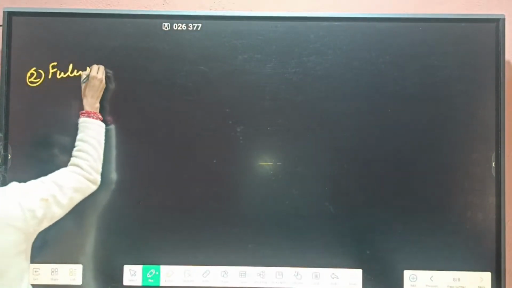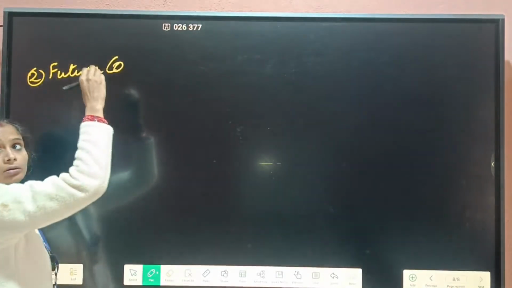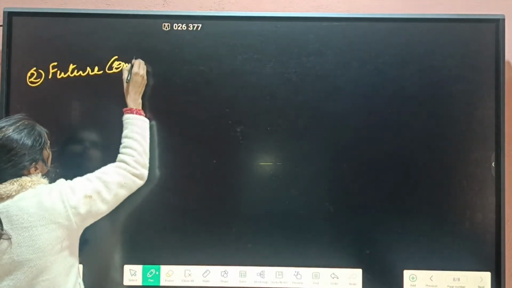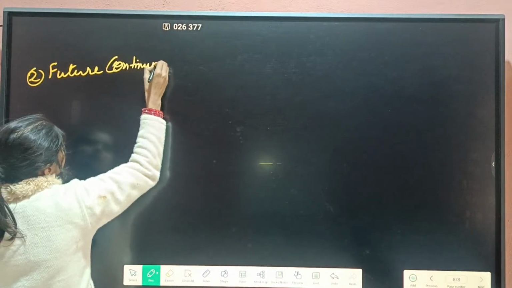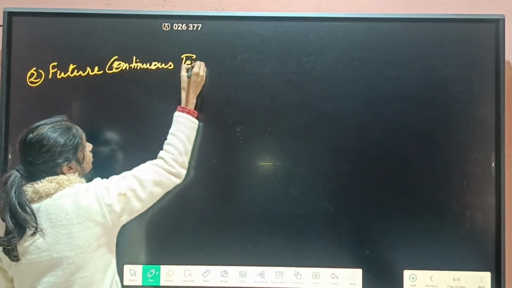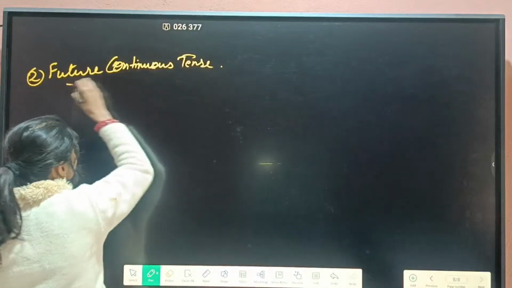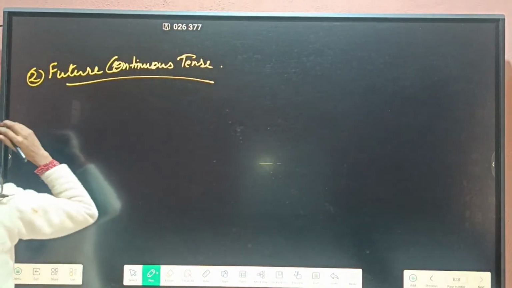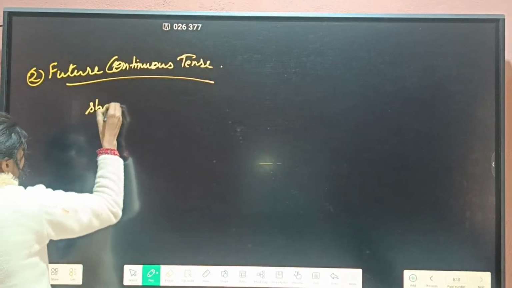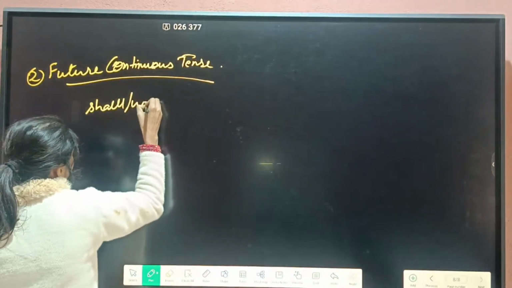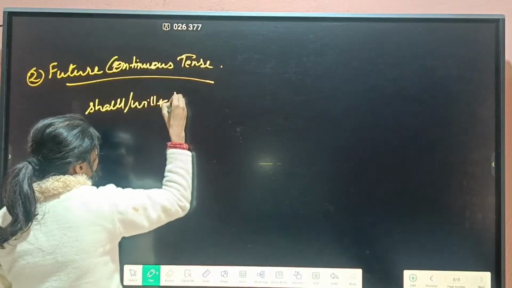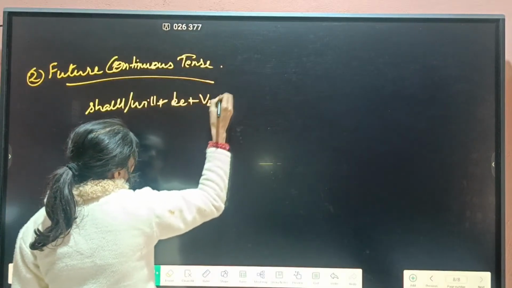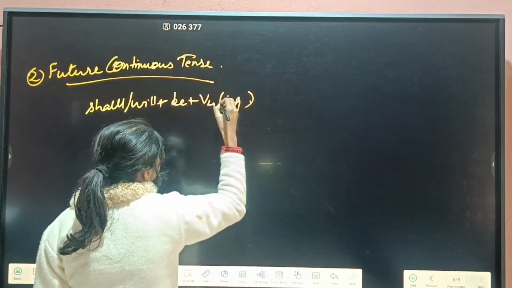Next we have future continuous tense. Shall/will plus be plus verb fourth form, that is the ing form.